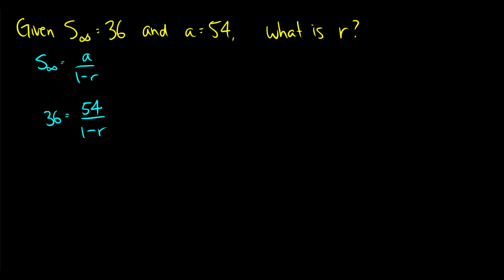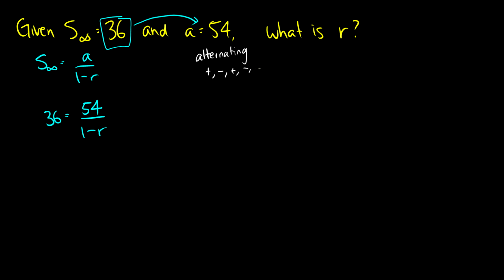Now here's an interesting thing. The sum is less than the first term. So you're saying, hold on a second, this is impossible. We have a sum that's smaller than a first term. Well, what this really means is that the series is probably alternating, which means it's positive, negative, so on and so forth.